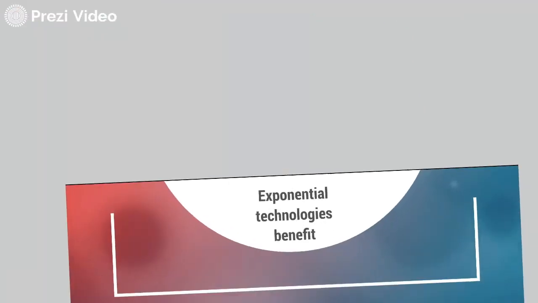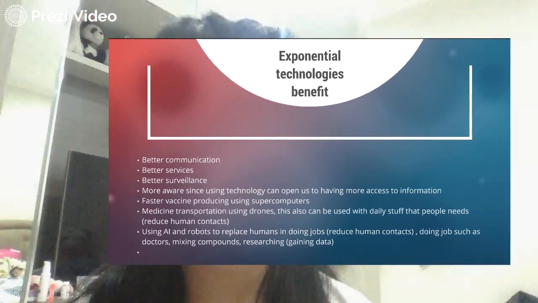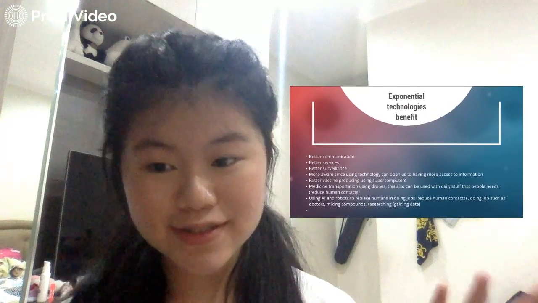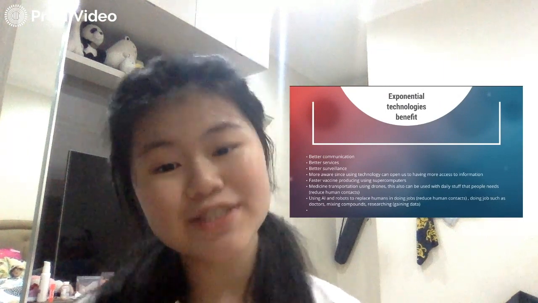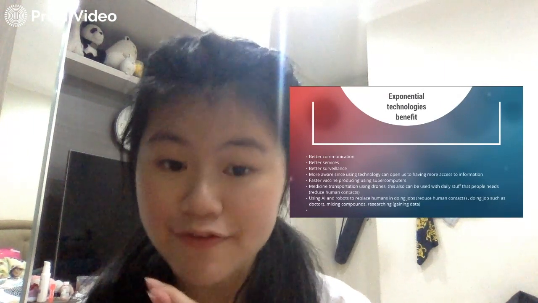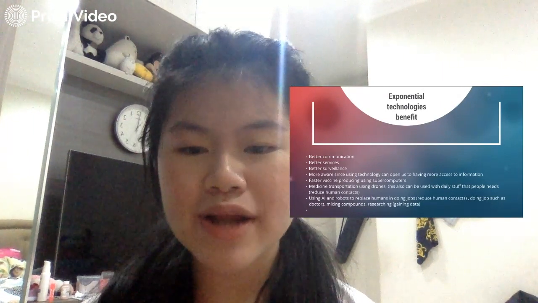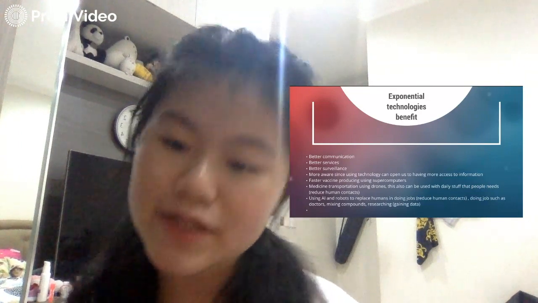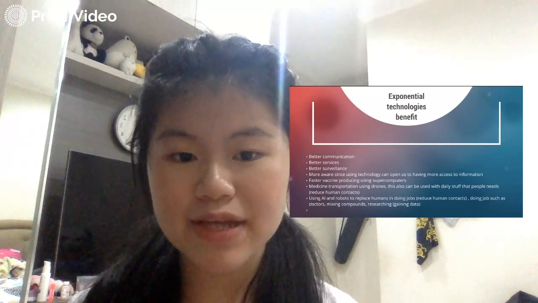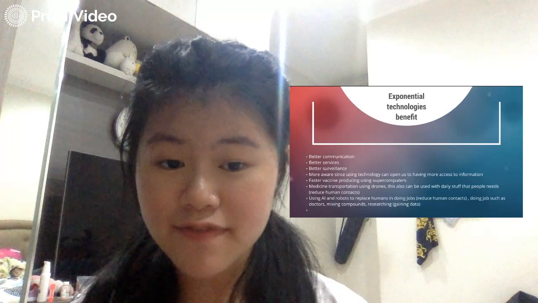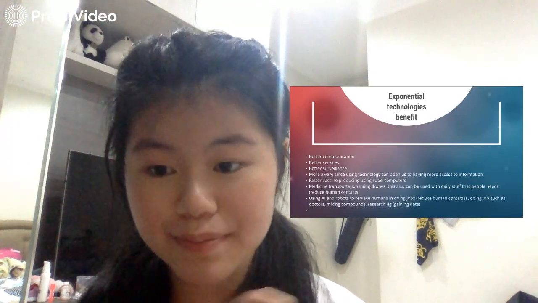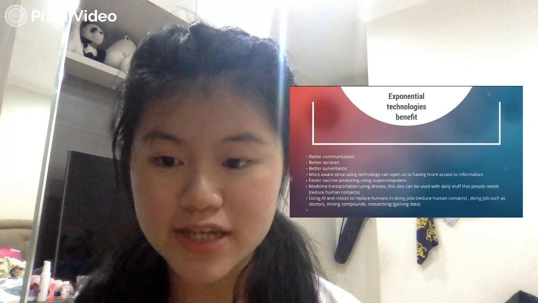So how does exponential technology help to reduce change? There are actually several ways, such as better communication, better services, better surveillance, and more awareness, since using technology can open us to more access to information. It also has faster vaccine production using supercomputers, and medicine and transportation using drones.